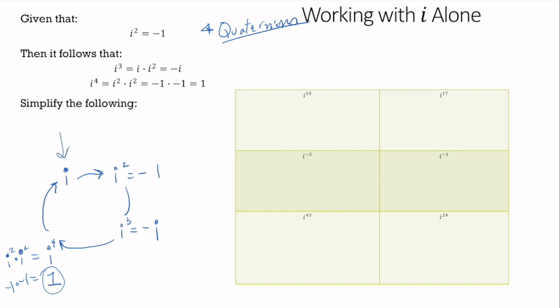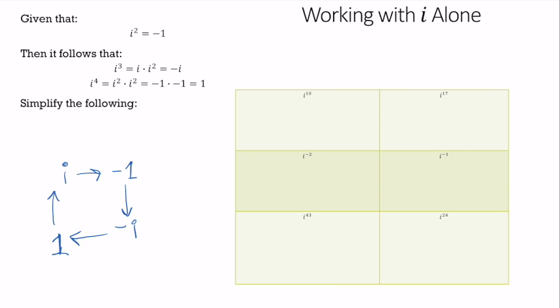And if I just keep multiplying by i, my answer is always going to be one of these 4 options: i, -1, -i, or +1.